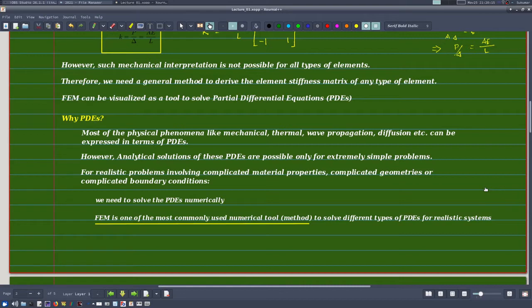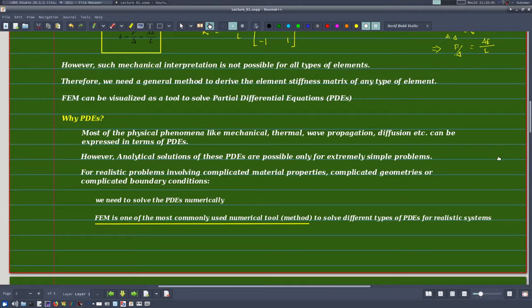That is why, when we look at FEM as a numerical tool for solving partial differential equations, it becomes necessary to understand the relationship of FEM with those partial differential equations, and how we can use the FEM to solve them.